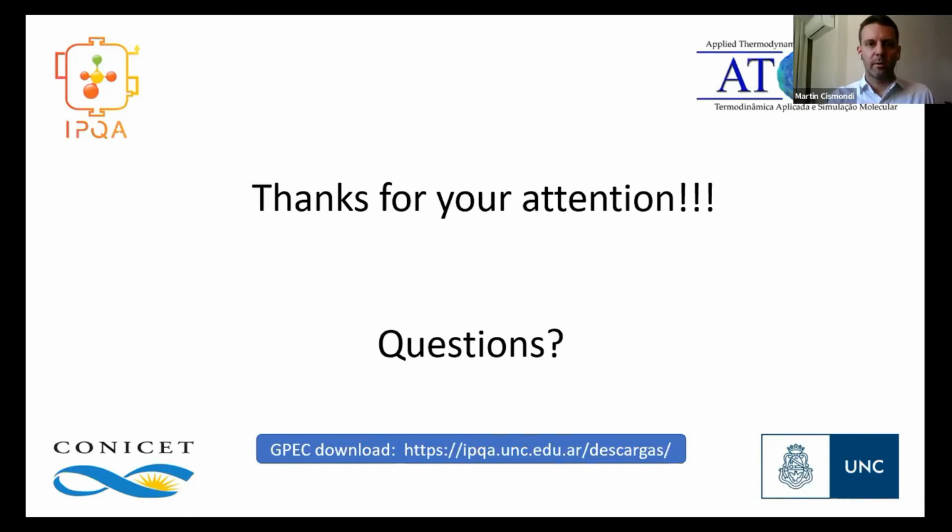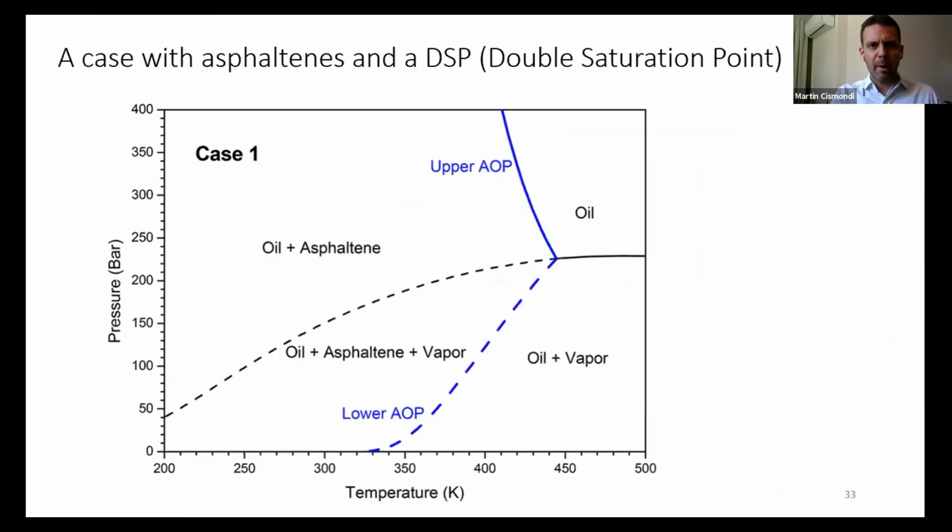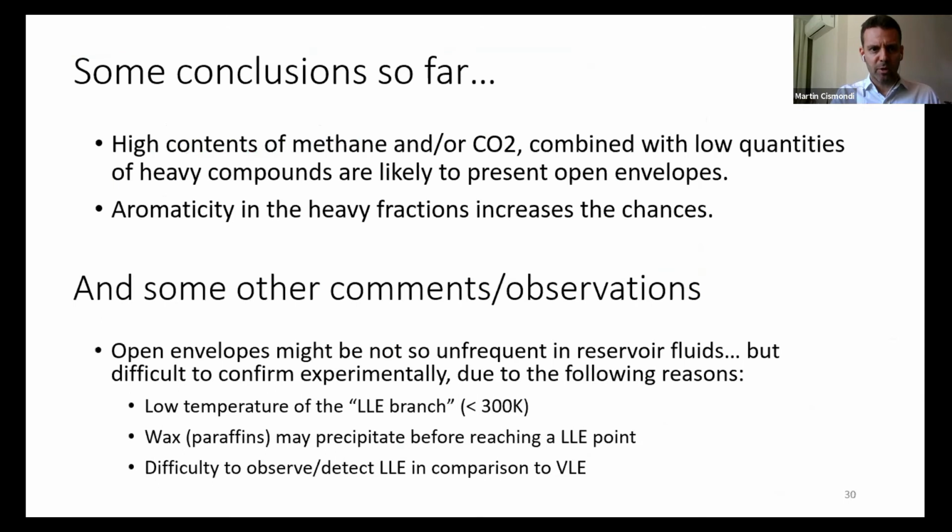Okay. Good point. That's an interesting comment. I just mentioned that one of the reasons that sometimes the liquid part is not found experimentally is because wax can precipitate first, or in these synthetic fluids, hexadecane in solid state. So the first answer to your question is we didn't consider that in this study, because we are focused on the fluid envelopes.